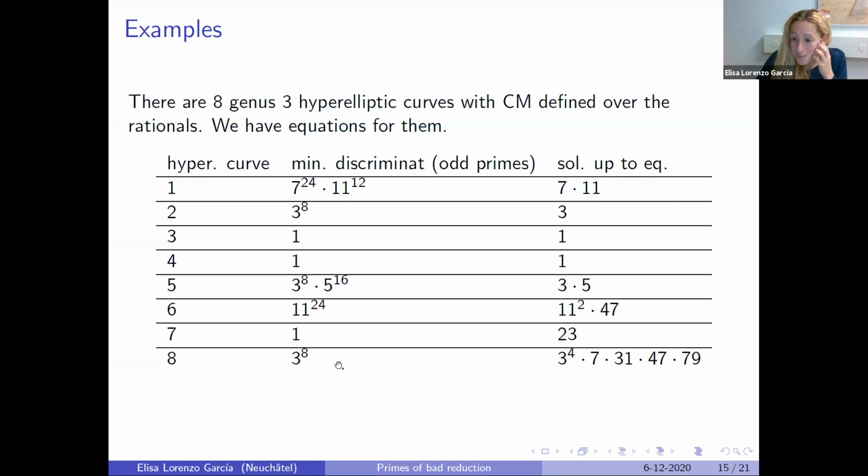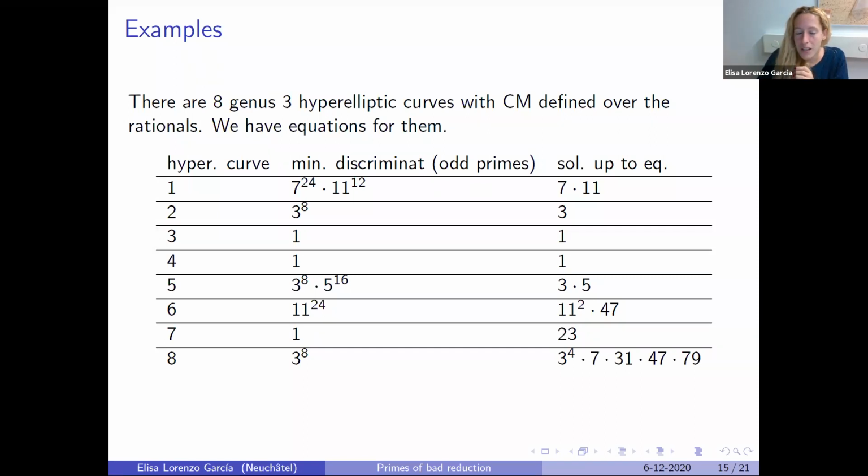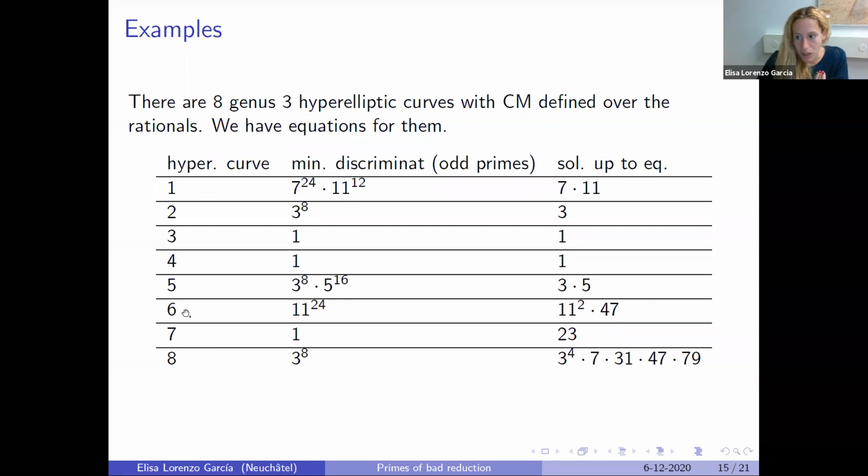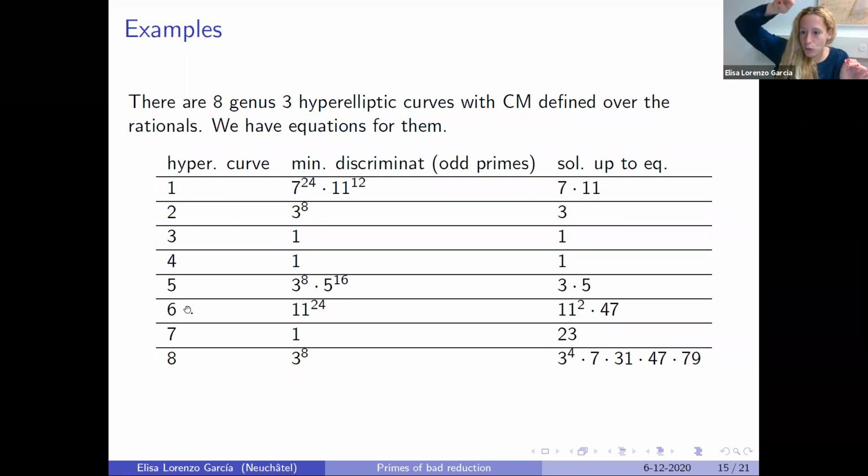What is happening? It's nice, because first we saw this and we said, oh, no, the algorithm is not working. And actually it is working, and pretty well. The thing is that for those first 5 curves, if you fix the complex multiplication field, you only have 1 curve with CM by it. But for these last 3, there are 4 curves that have complex multiplication by this order. Only one is defined over the rationals, but then there are 3 conjugate ones defined over a field of degree 3.